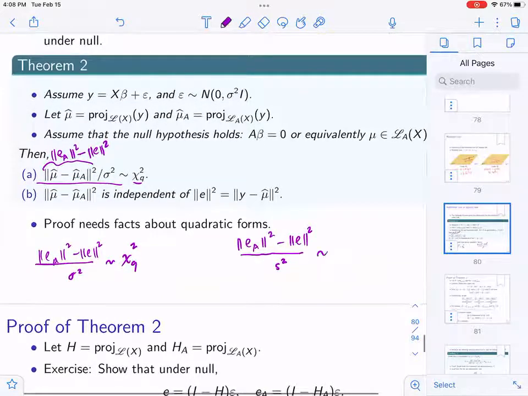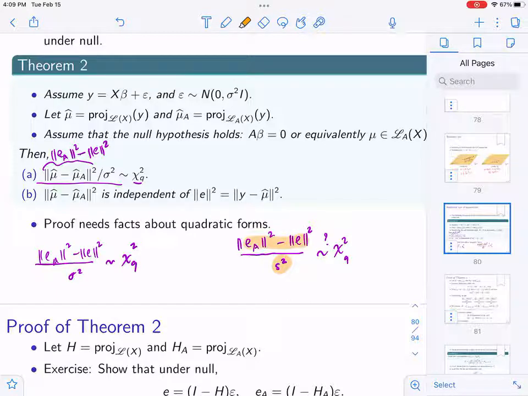But can I say that this is chi squared? No. Why not? Because this is some random quantity, right? And potentially dependent on this.